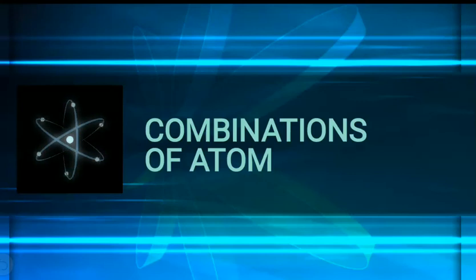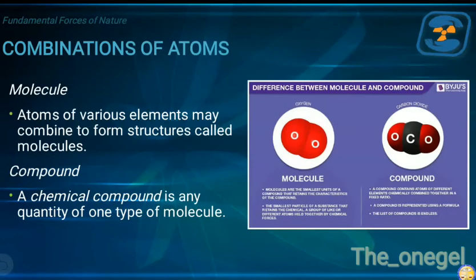As a review from chemistry, when atoms combine, they form a molecule or a compound. Atoms of various elements may combine to form structures called molecules. In a larger sense, a chemical compound is any quantity of one type of molecule.